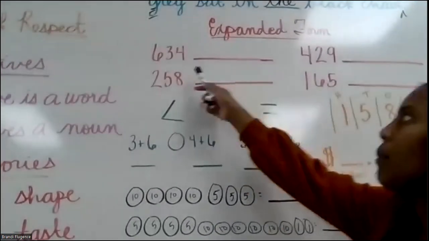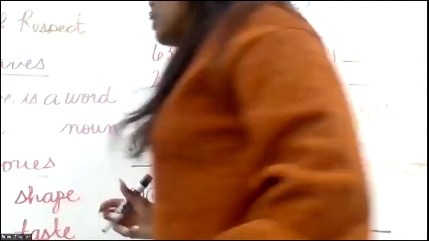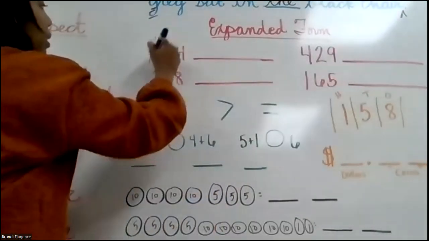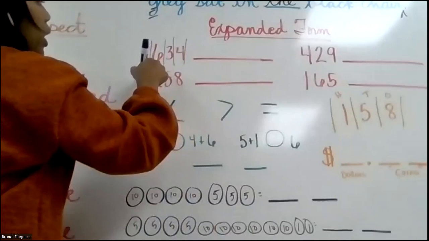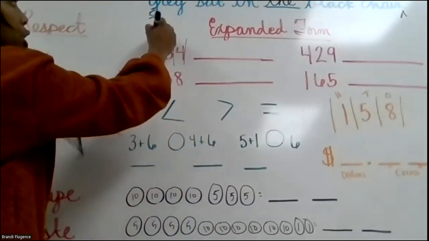So if you look at my number, I have 634. So we're gonna expand 634. So when I break it down, what place is 6 in again? 100.